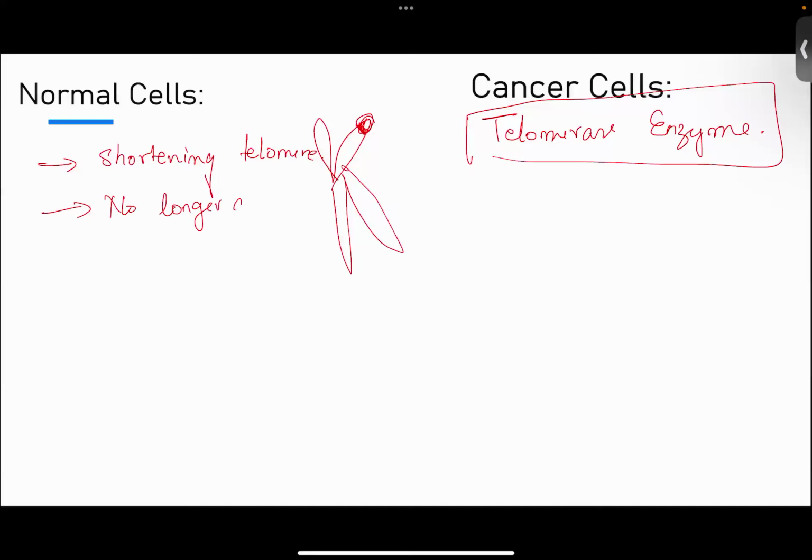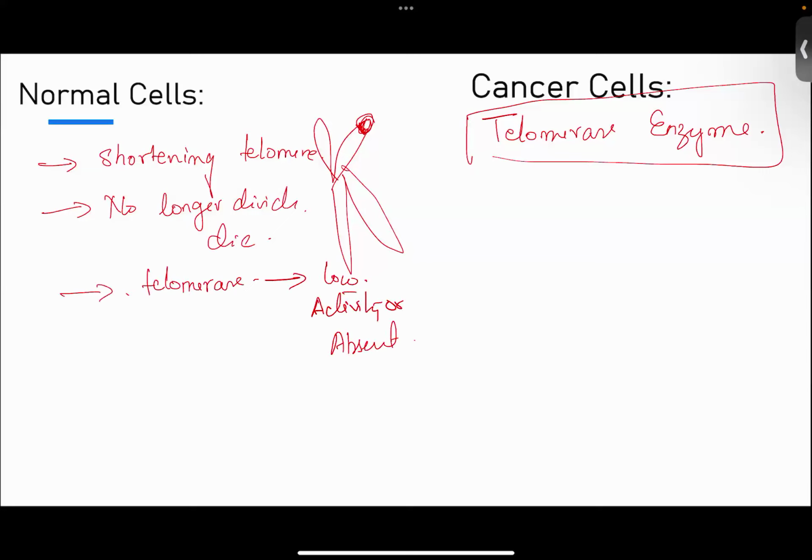It will die eventually. In normal cells, there is an enzyme called telomerase, and its activity in normal cells is low, or completely inactive or absent.